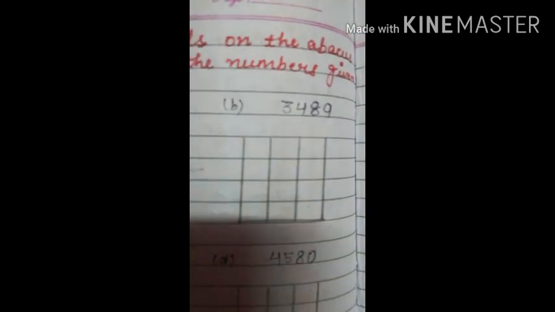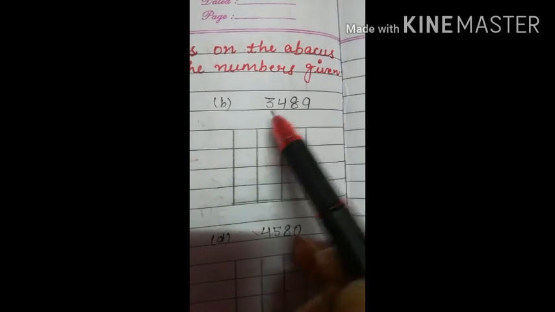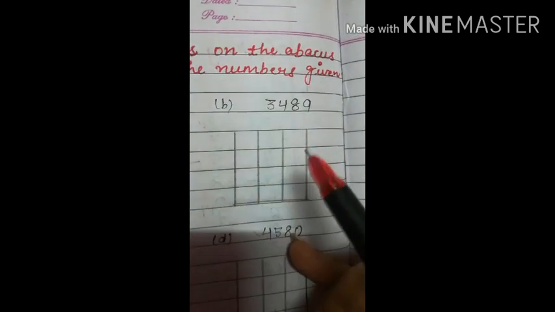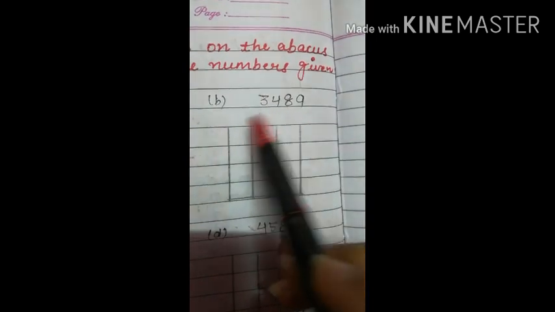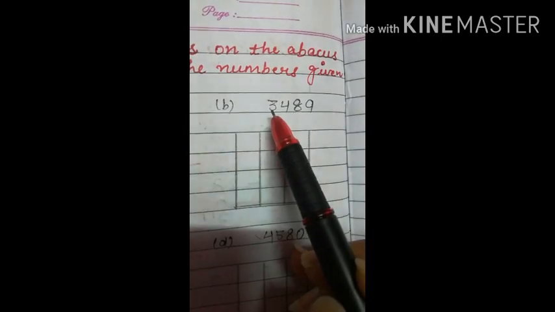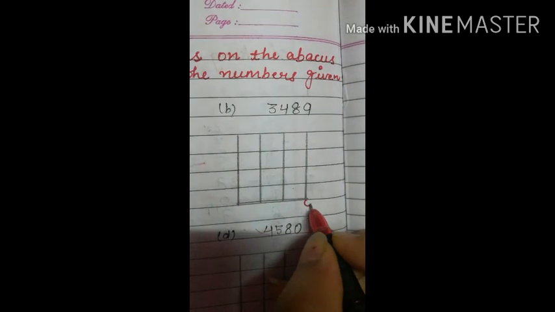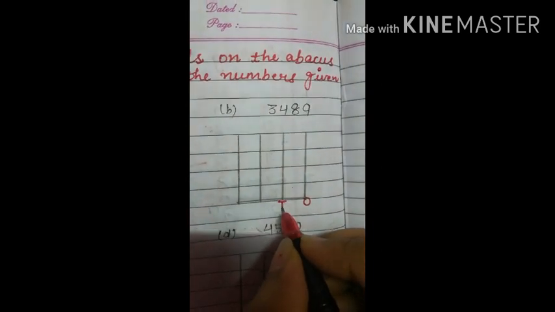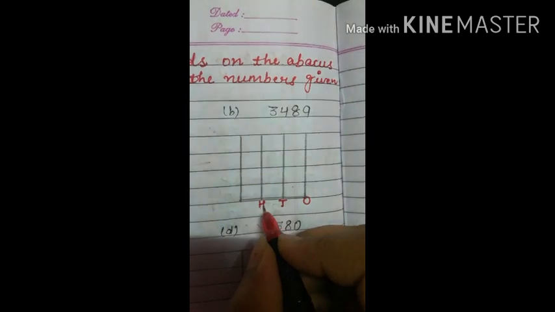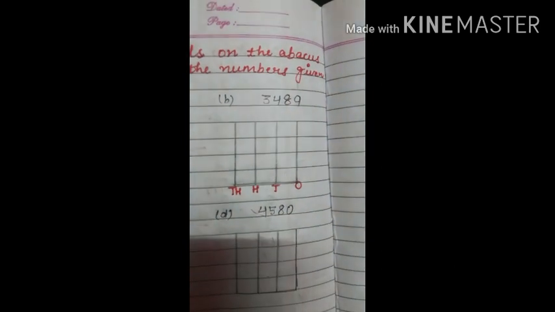Now come to the next part, the B part, in which we have 3489. Again we will just represent this number on the abacus. Again this is a 4 digit number where we are having ones, tens, hundreds, and thousands. That means first of all we will write these places: ones, tens, hundreds, and thousands.